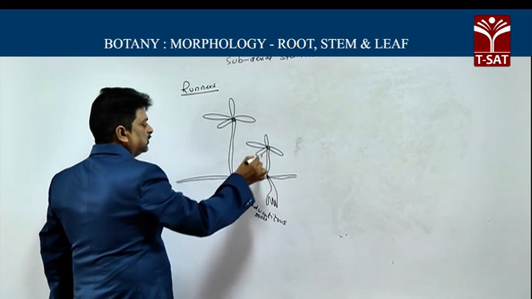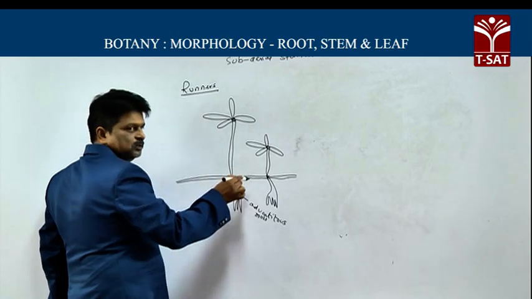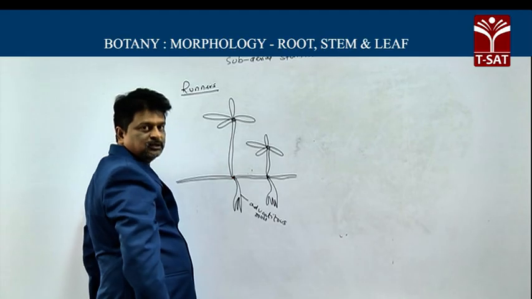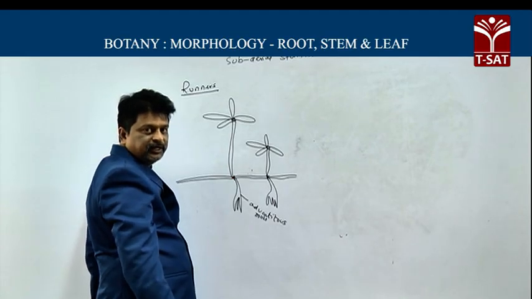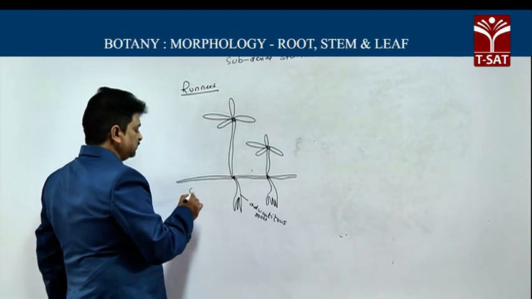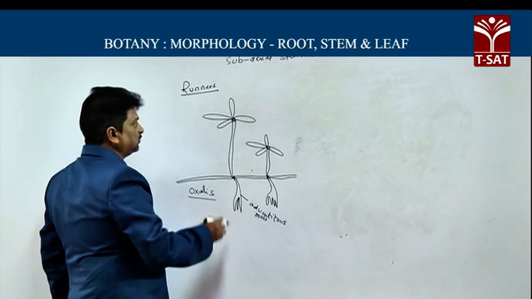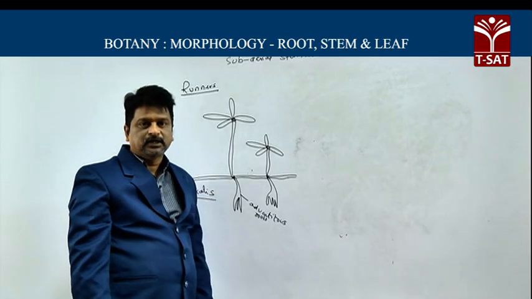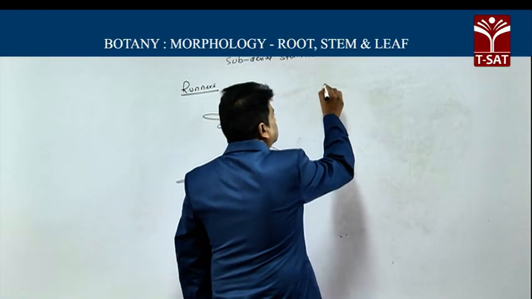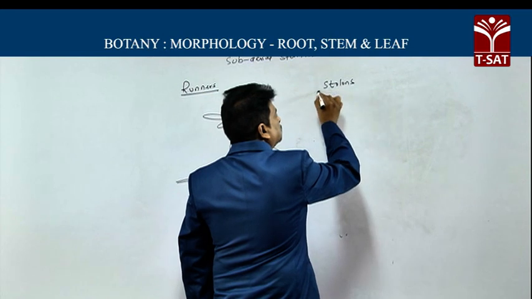So if the internodal portion is cut, it shows independent life. These are common in grasses. An example is Oxalis. These are runners.